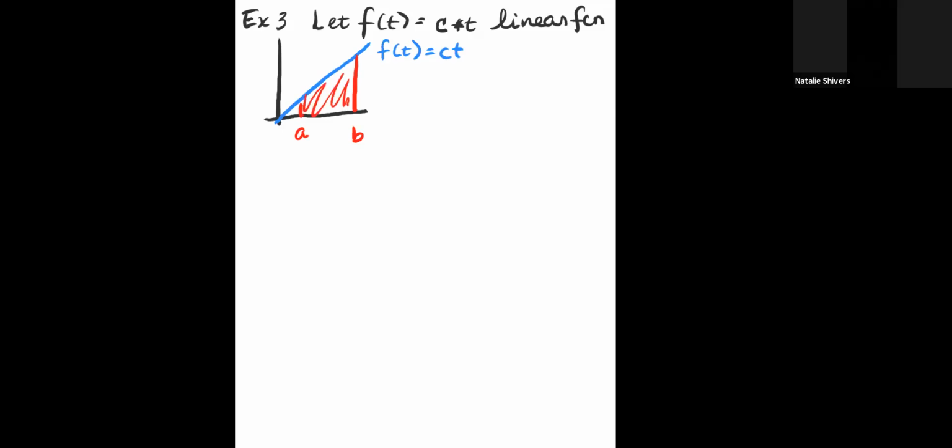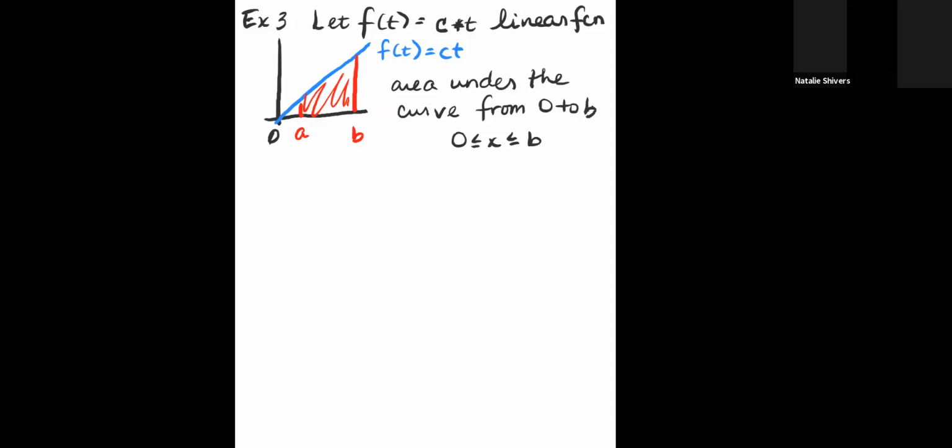This time I have 0 at the end. Okay, so we're looking for the area under the curve from 0 to B, where 0 is less than or equal to x is less than or equal to B. Okay, so this time we have a triangle of sorts.